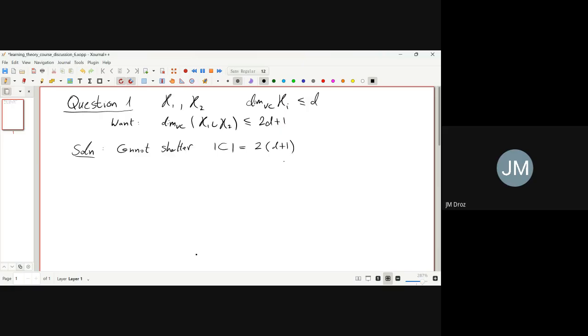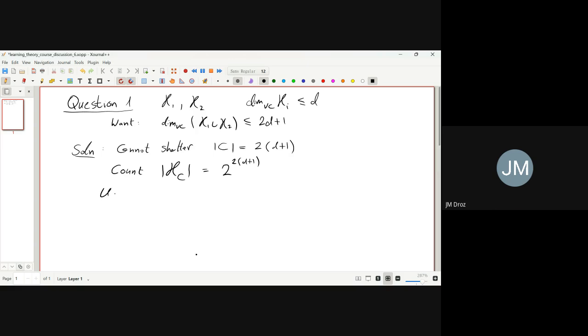And in order to show that a set of size 2D plus 2 is not shattered by H1 union H2, we simply count the possible hypotheses on 2D plus 2 elements. If 2D plus 2 elements are shattered, you need 2 to the power 2D plus 2 functions. And we can use Sauer's lemma to show that you don't have enough functions in H1 union H2.